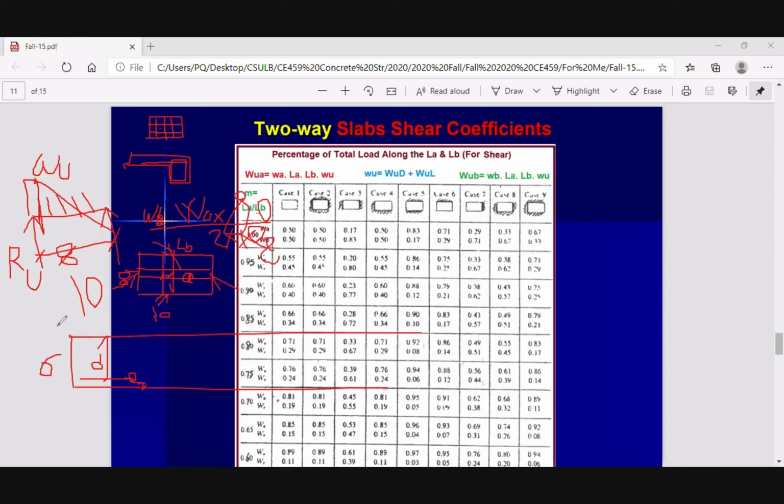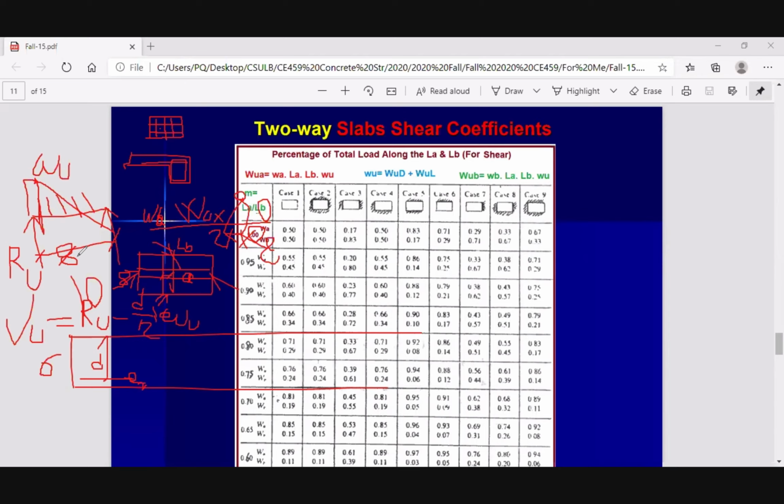VU is equal to RU minus D by 12, convert to feet, times omega U. That's it. That's your VU. Then go find capacity for the concrete only. That's 2 lambda square root of f'c times B times D, and D is D, and B is your 12 inches, because we calculate everything based on 1 foot.